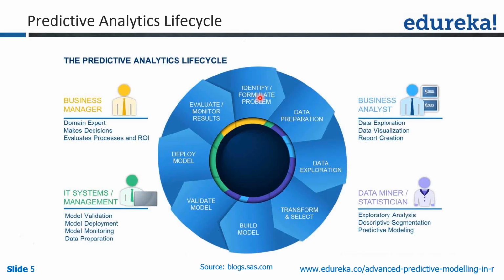We are building the models, we are coming up with the statistics, we are coming up with the predictive analytics to ensure that our business sustains in the future, right? So for that reason, the business problem formulation is the most important part.